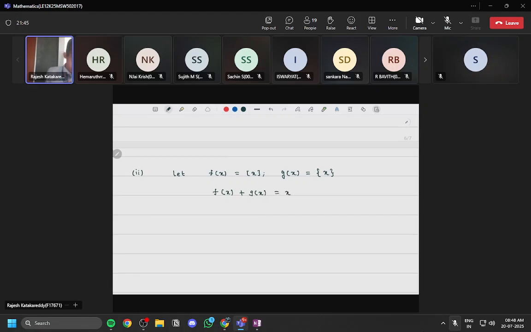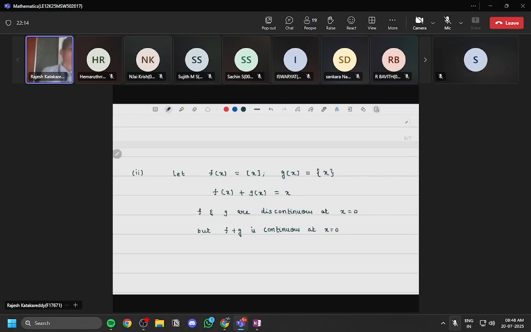Clear? So notice that f and g are discontinuous at x equals 0, but f plus g is continuous at x equals 0.